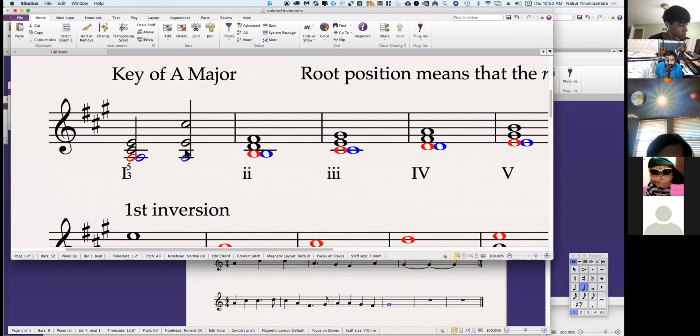In open position, the notes are not next to each other. You could fit other notes of the chord in between the notes that are written. So for instance, here and here, I could have fit this note in, but I didn't. That's what makes it open position. It's not the most compact way you can represent it. Does that answer your question? Yes, thank you. Of course.